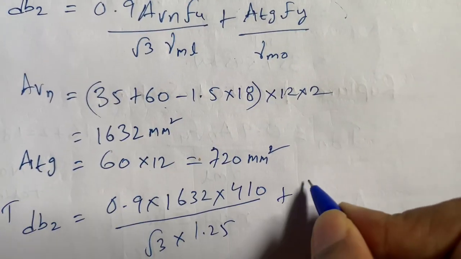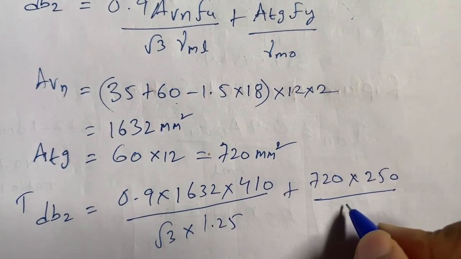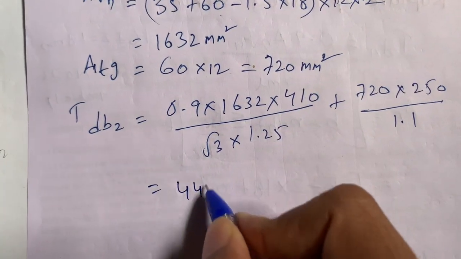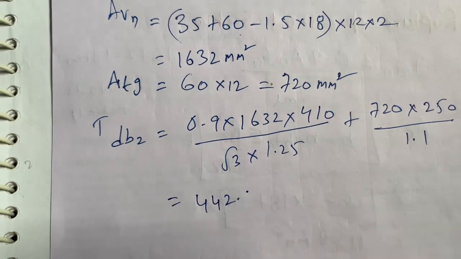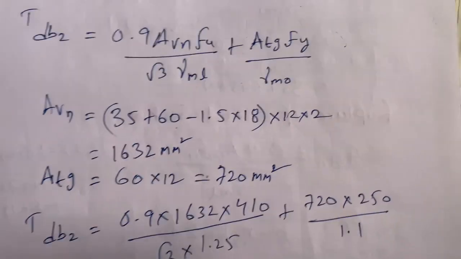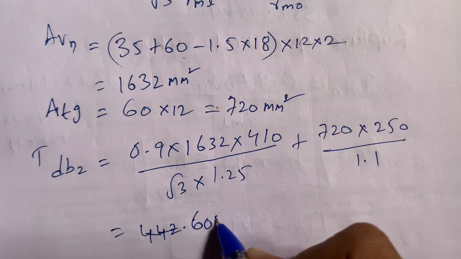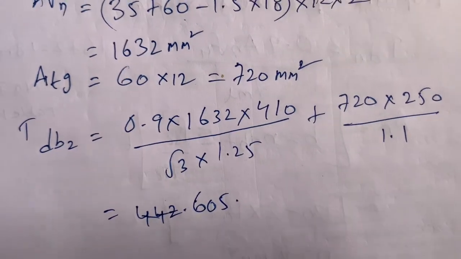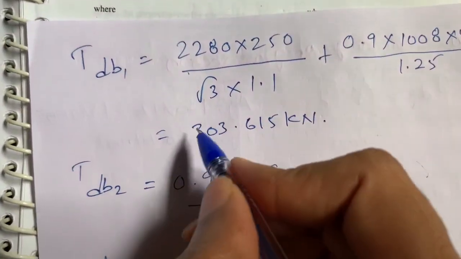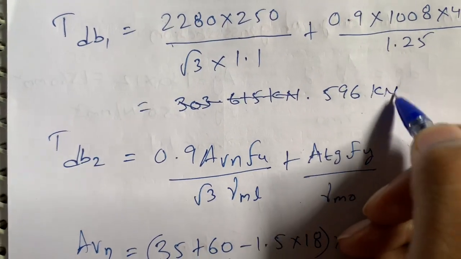Next, plus ATG, that is 720 into FY 250 divided by gamma m0. After calculating that, I got TDB2 as 605.419 kilonewtons. And I'm sorry, actually I got this value not as 303, I got this value as 596 kilonewtons.